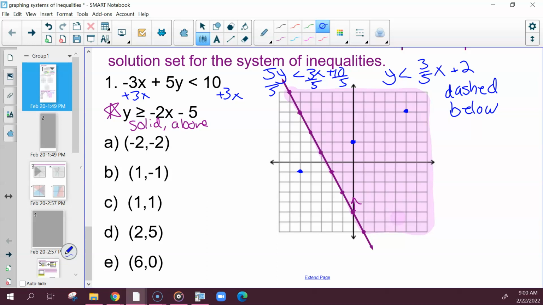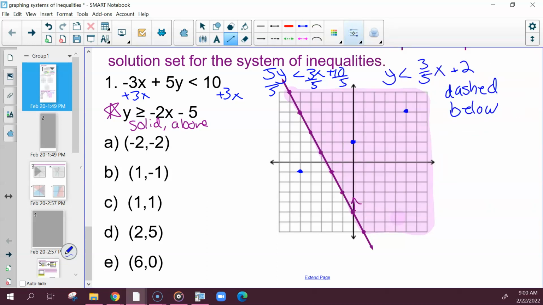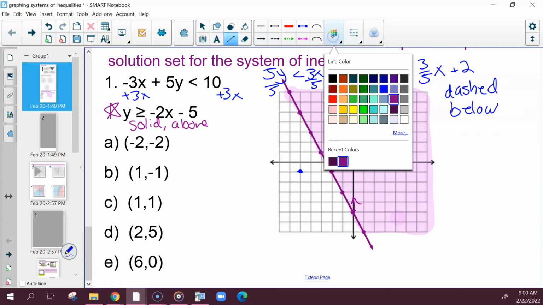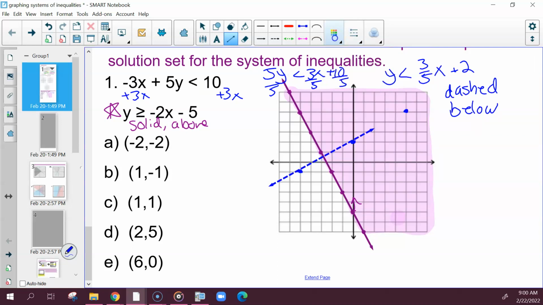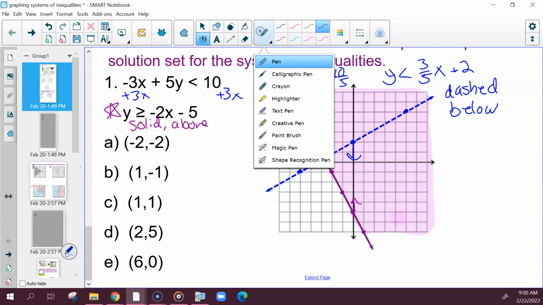So this would be something that looks like this. So below would be underneath that line.